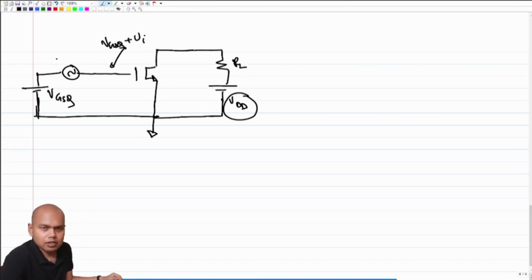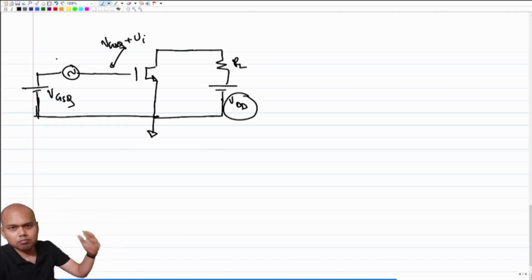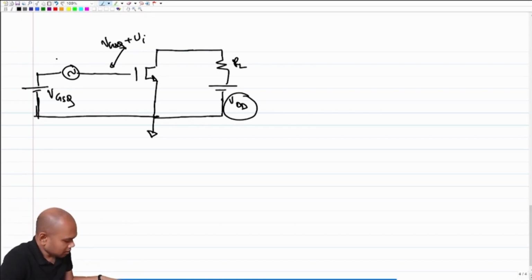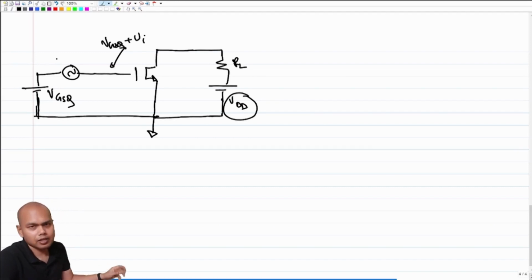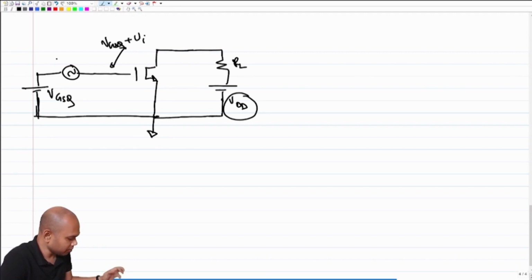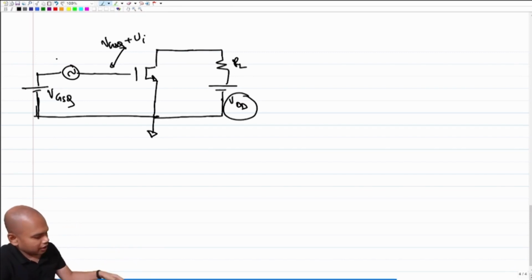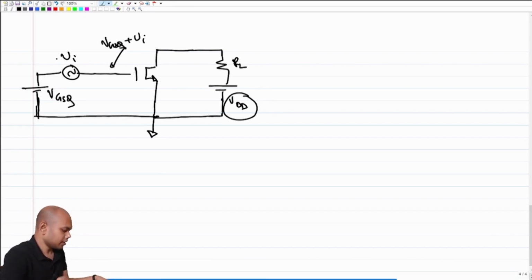Fair enough argument to make, right? I have a battery VDD, I put a resistor divider or something, and I reduce the value to the required VGSQ value, and that acts as the battery. And then I apply my input as I have shown here.